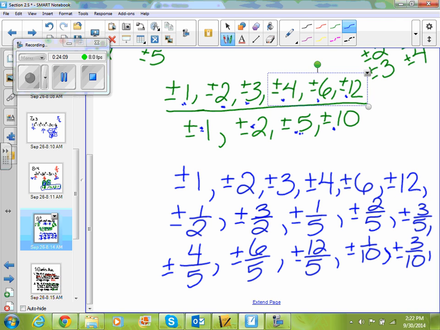And 12 divided by 10 gives me 6/5, which we have right here.